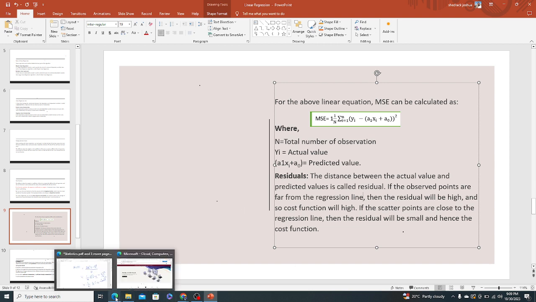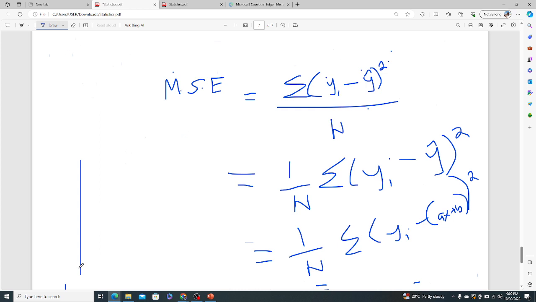For example, these are our data points, and let's assume this is our regression line.